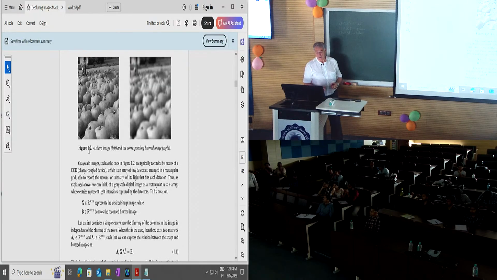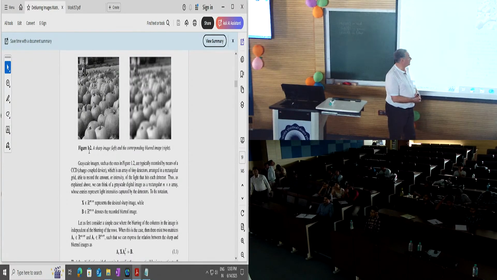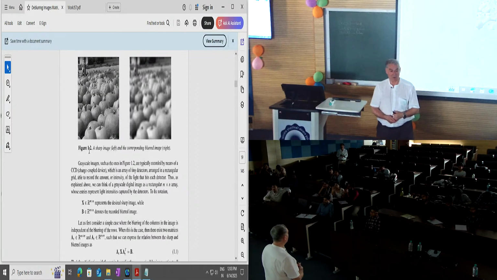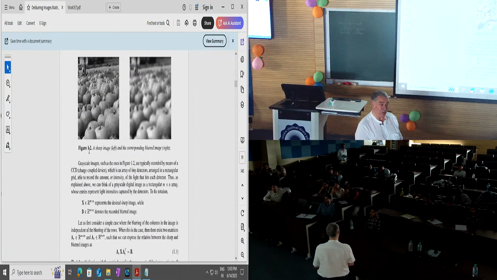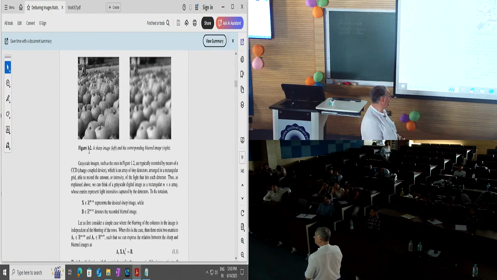We spoke that blurring is a phenomenon implied by motion. Motion can be horizontal, vertical, or arbitrary. It can be uniform and it can be non-uniform, finally.